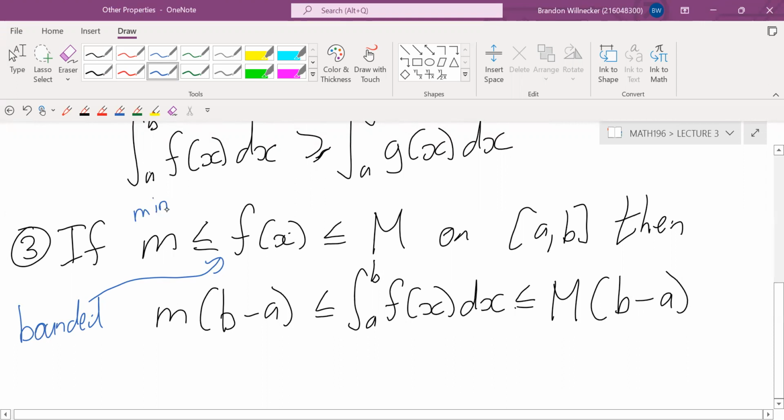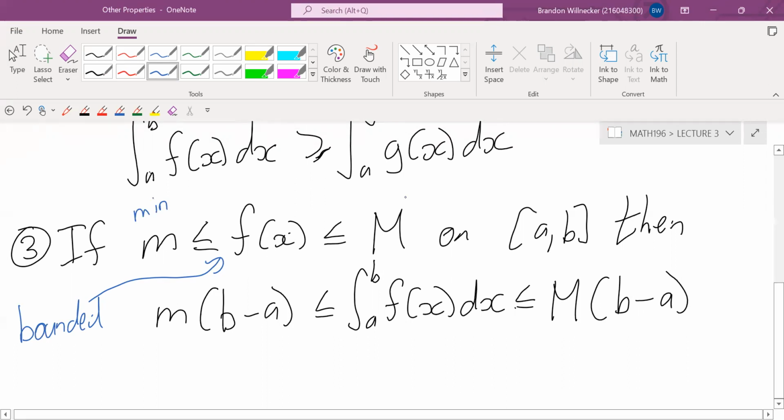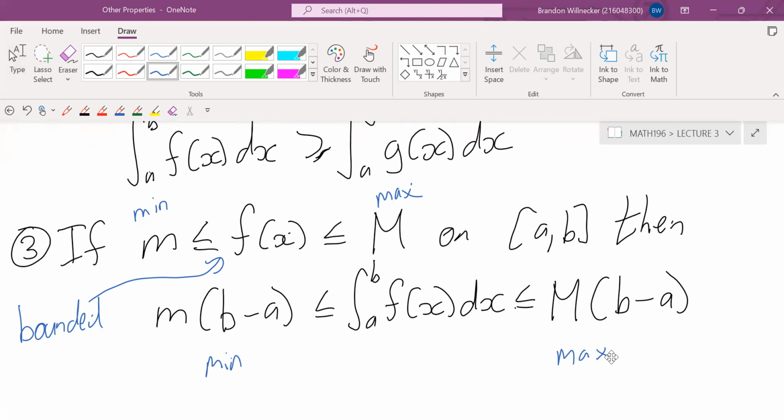And if we are going up, then it doesn't pass some maximum value. Okay, so we say that f is bounded. So if the function is bounded, then the integral is bounded. So we have some minimum value for the integral and some maximum value for the integral. Okay, so how do we go about proving this?